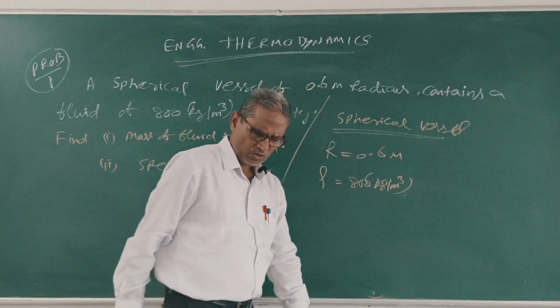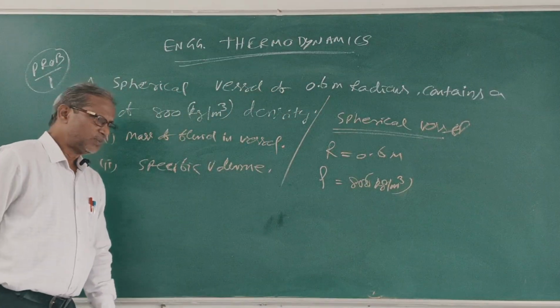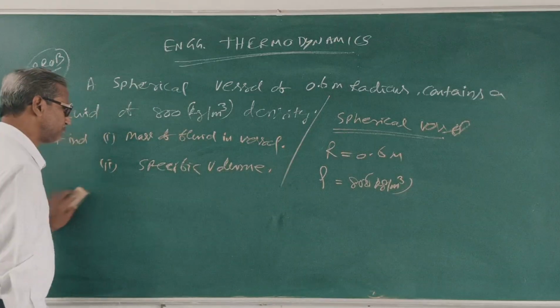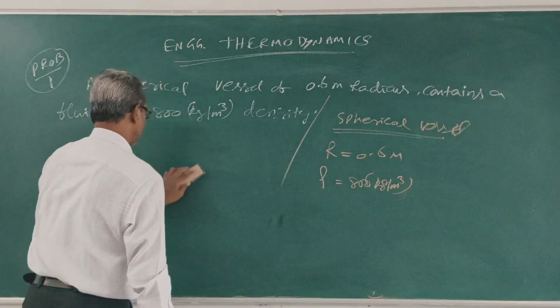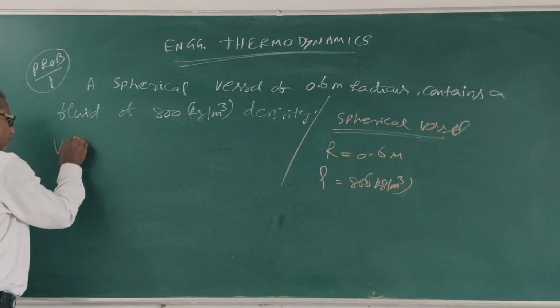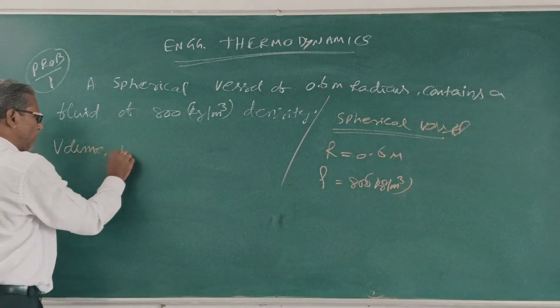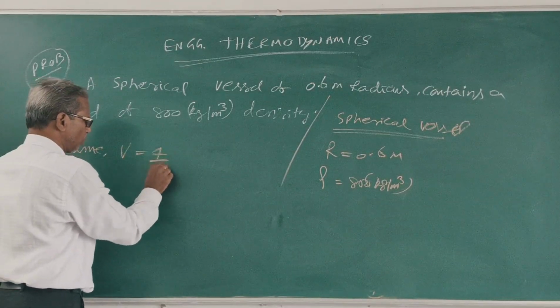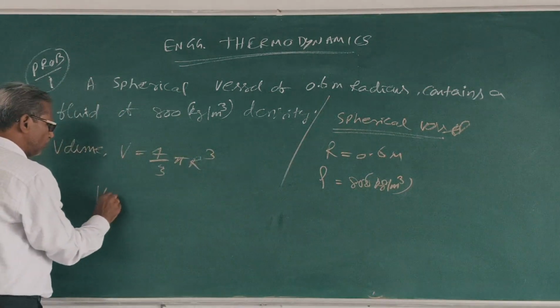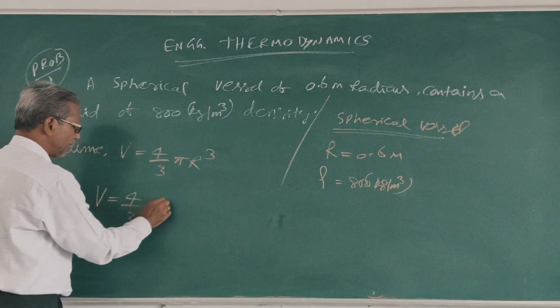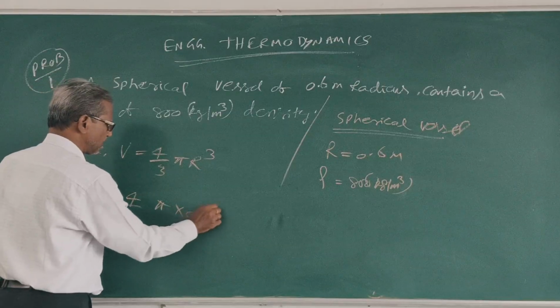Now, first find out the volume of the spherical vessel. Volume V is equal to 4 by 3 pi r cube, which is 4 by 3 pi into 0.6 cube.